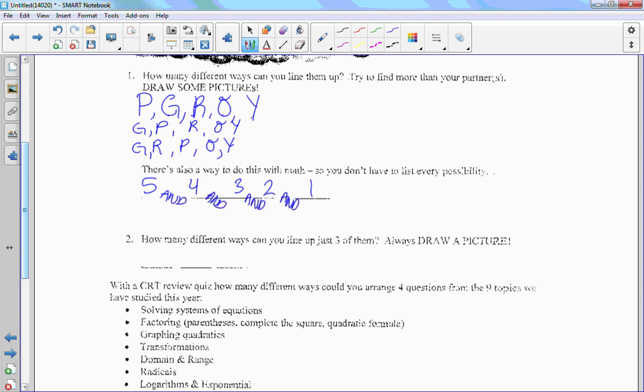Times. This is a fundamental counting principle. 5 times 4 times, it's actually not the fundamental counting principle, it's very similar. 5 times 4 times 3 times 2 times 1. Now actually, this shorthand is called 5 factorial. See this exclamation point? It means factorial. It's a shorthand because what if we were supposed to do 100 times 99 times 98 times 97 times 96, all the way down to times 3 times 2 times 1?